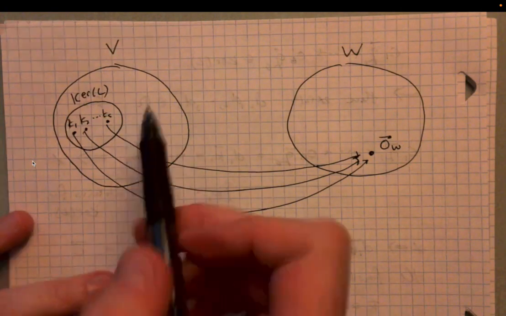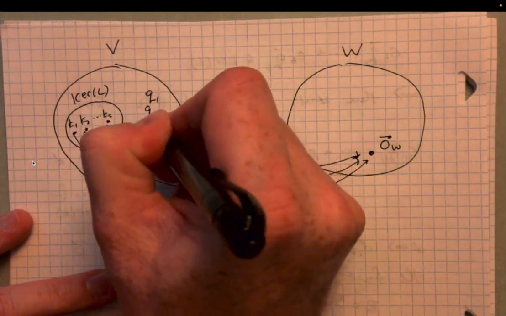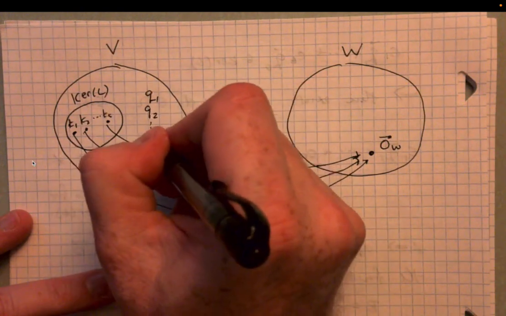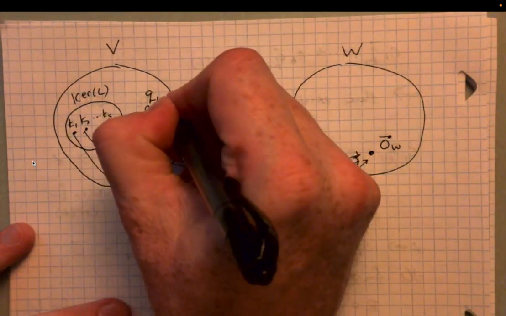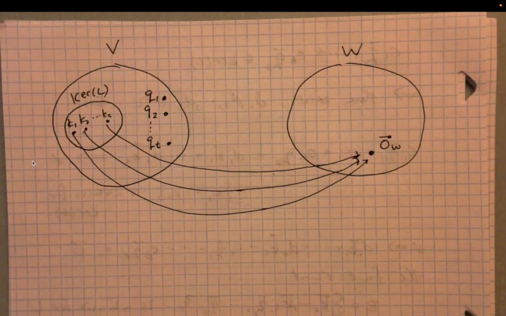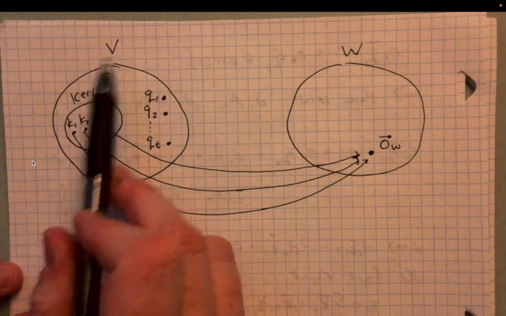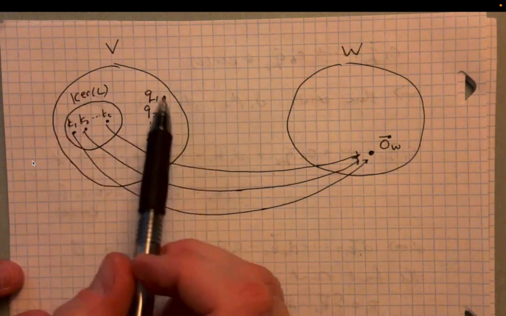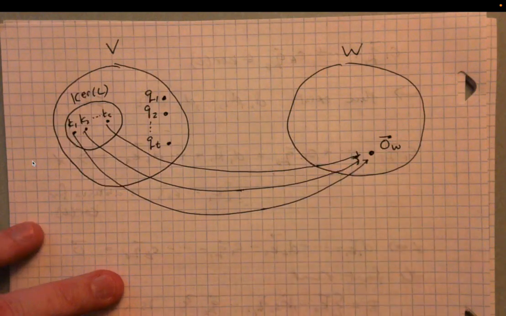Now similarly, inside of V, you've got other vectors, Q1, Q2, dot, dot, dot, and in this case we'll stick with the notation from the previous proof. So you've got Q1, Q2, Qt, and together, K1 through Ks and Q1 through Qt form a basis for V. But these all map to non-zero vectors.